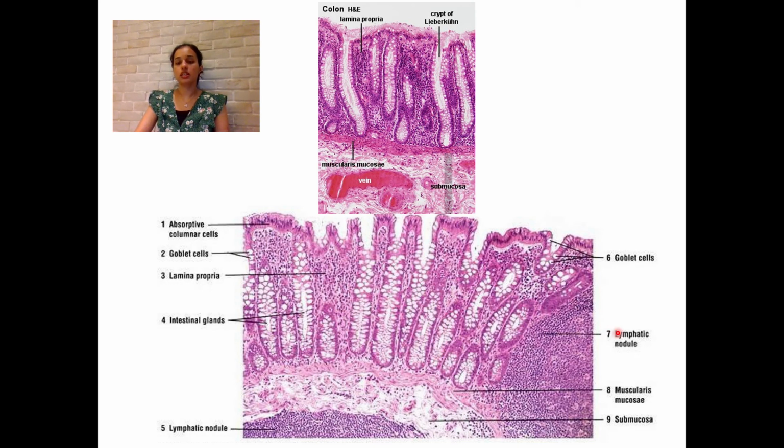In the lamina propria there are lymphatic nodules, which also extend to the submucosa. This provides immunity because there is lots of bacterial invasion. For more protection, more mucus is produced, and there are lots of lymphatic nodules.